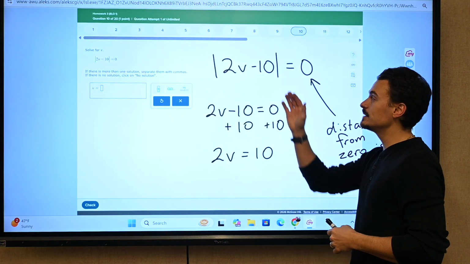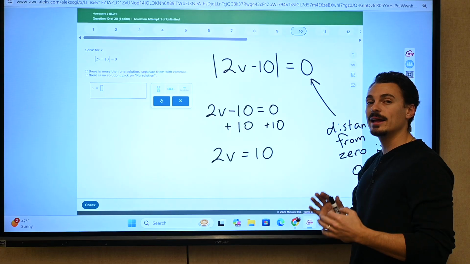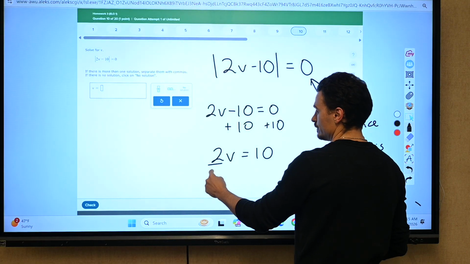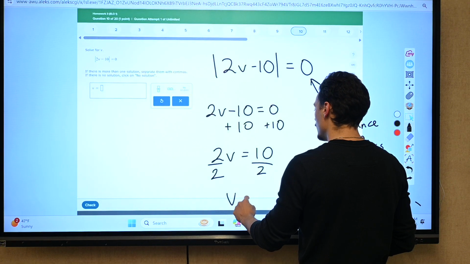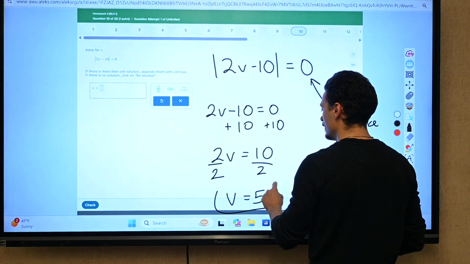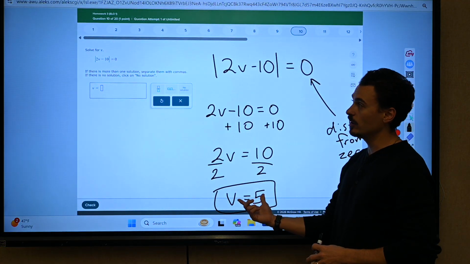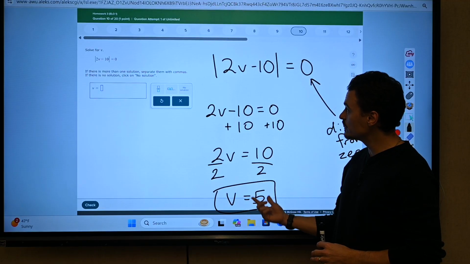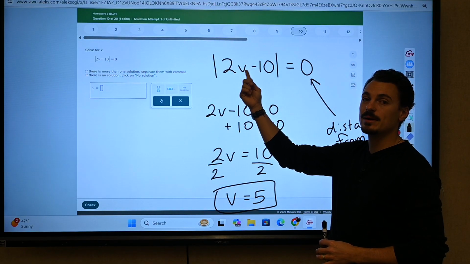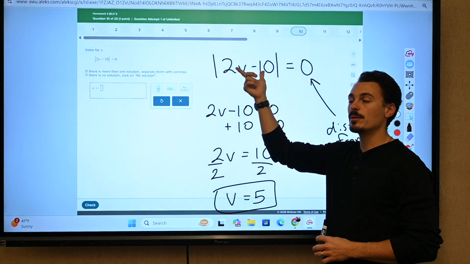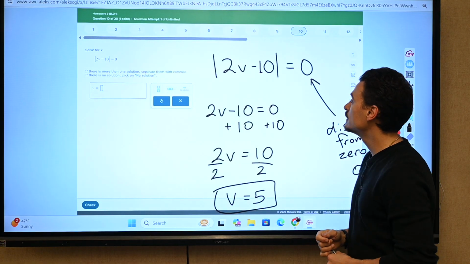Just because our distance from 0 is 0 doesn't mean our answer for v is 0. In this one we get v is equal to 5. If you look at this closely, if v was 5, 2 times 5 is 10, 10 minus 10 is 0. So this is the zero factor property that we learned in class.